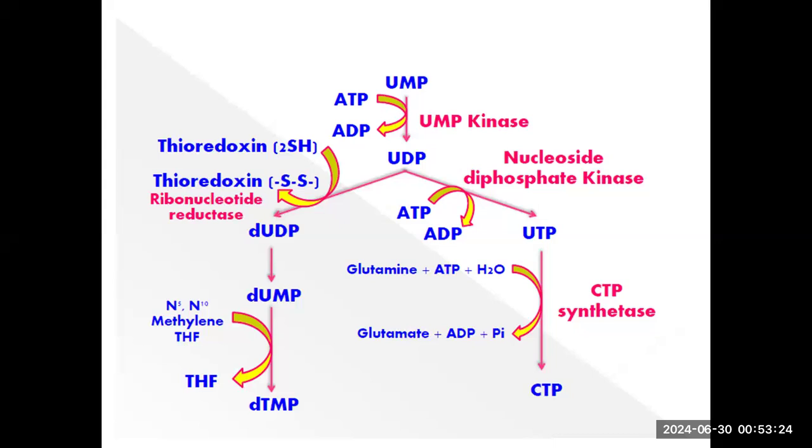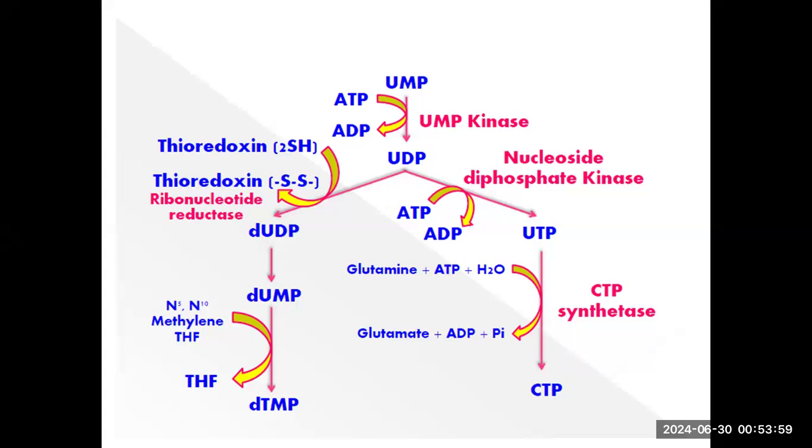Now from UDP, because TMP is present in DNA, and DNA contains all the deoxynucleotides, UDP is first reduced to deoxy-UDP, and the reducing agent is the reduced form of thioredoxin, which itself is oxidized, and it reduces the UDP into deoxy-UDP.